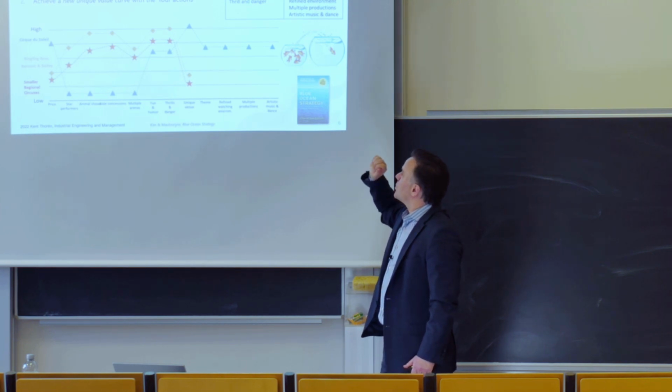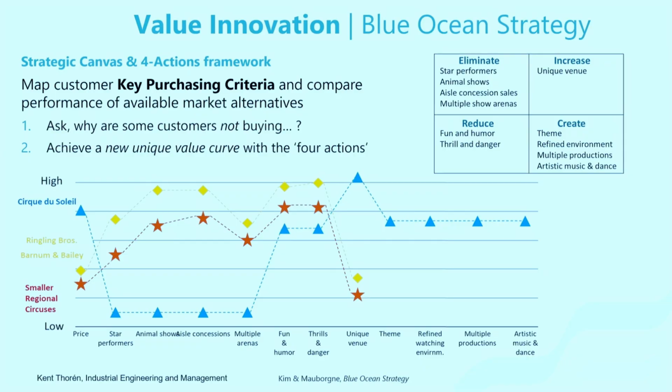You have 4 actions: eliminate stuff that is costly and not so highly valued by your target customers, increase or add, create things that they value, preferably if they are not also so costly, then you can add a lot. And then you reduce things that are less critical, but still needs maybe to be there.